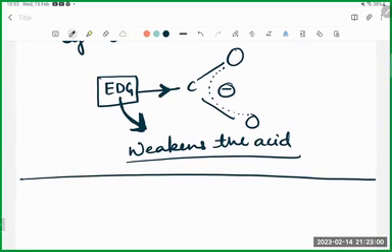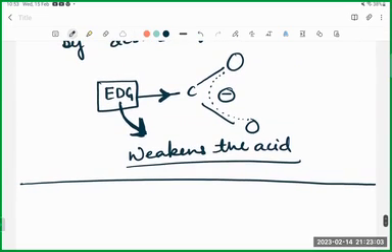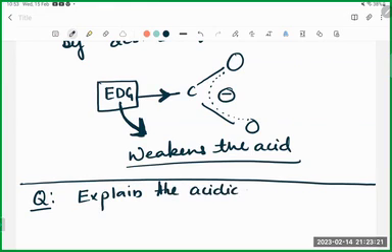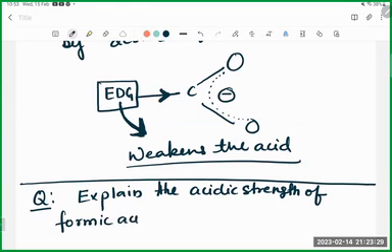So explain now. Here we can have a question like explanation of the acidic strength. So you may have a question like formic acid, acetic acid, and the benzoic acid. So the question goes over here: explain the acidic strength of formic acid, benzoic acid and acetic acid.